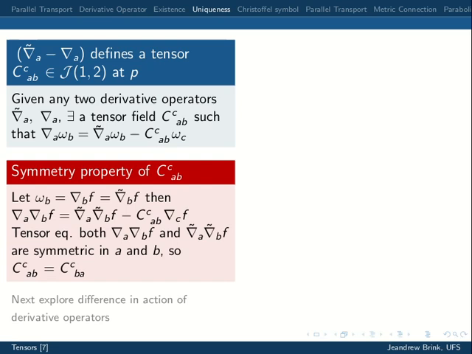What the C does is give you a systematic way of storing how your basis vectors are changing.